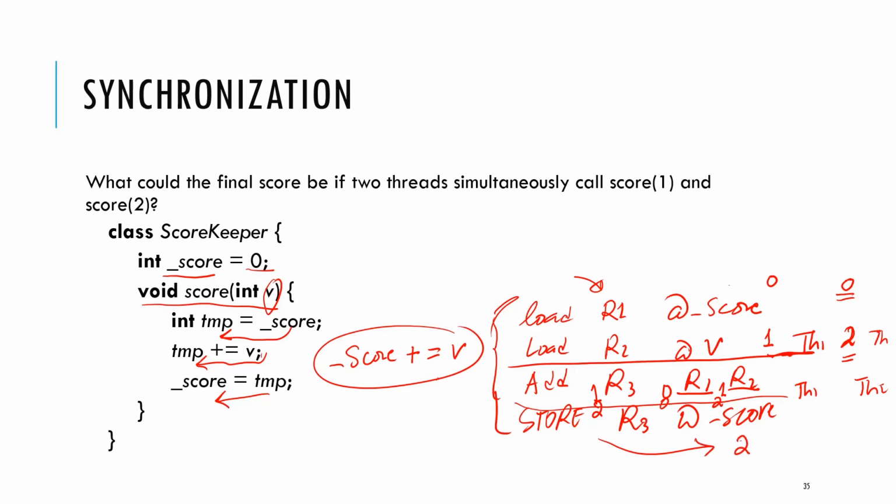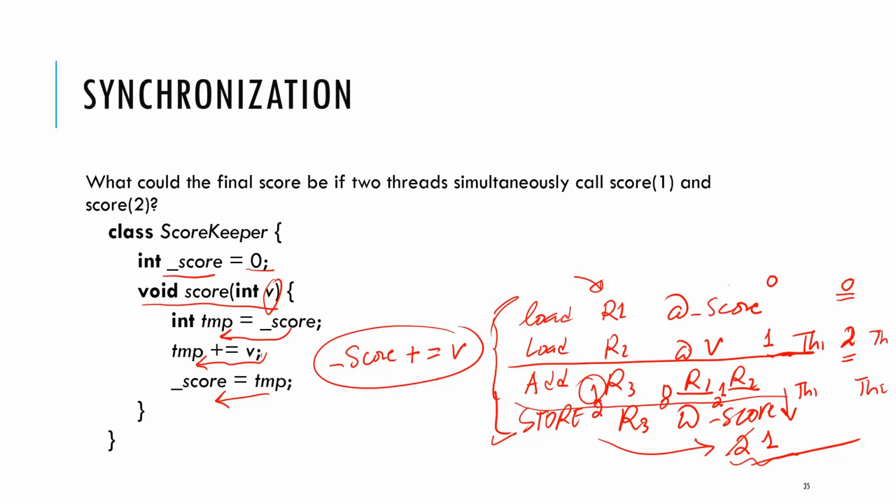But if thread 1 resumes its execution with this instruction, it will store 1 instead, because the final result that thread 1 got is equal to 1. So very surprising, very disappointing, but this is what actually happens when you have multi-threading and 2 different threads accessing the same shared resource.